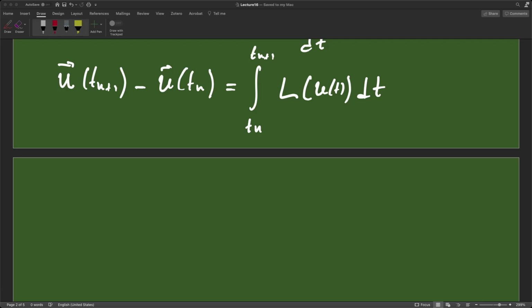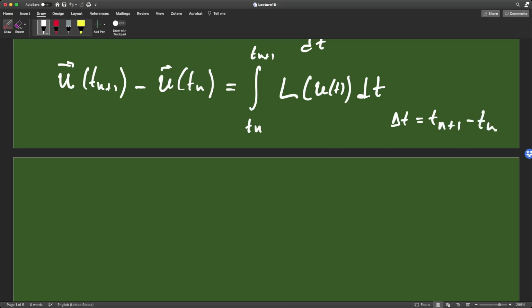So, first of all, let's denote by delta t the time interval or the time step, tn plus 1 minus tn.